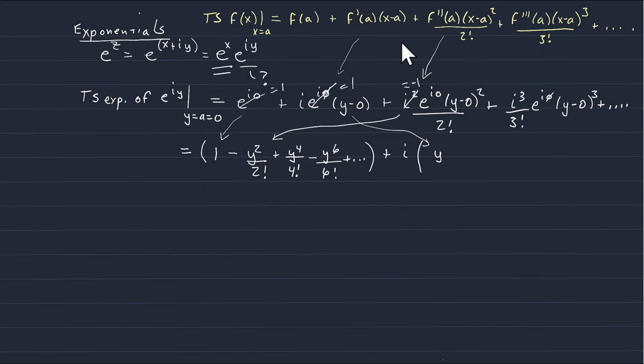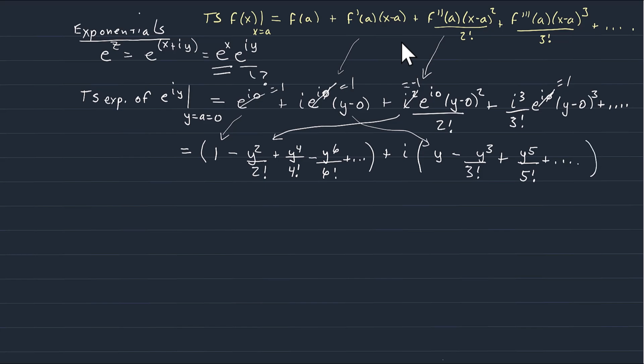The next term: i squared is minus 1, times another i, gives a minus i over 3 factorial, and this becomes a y cubed. If we continue, we would get a y to the 5th over 5 factorial, plus, and so forth.